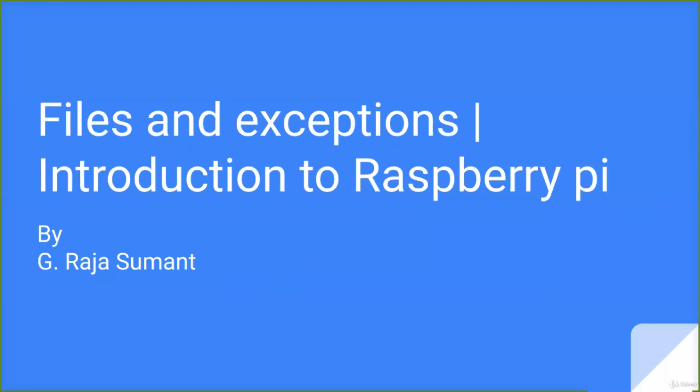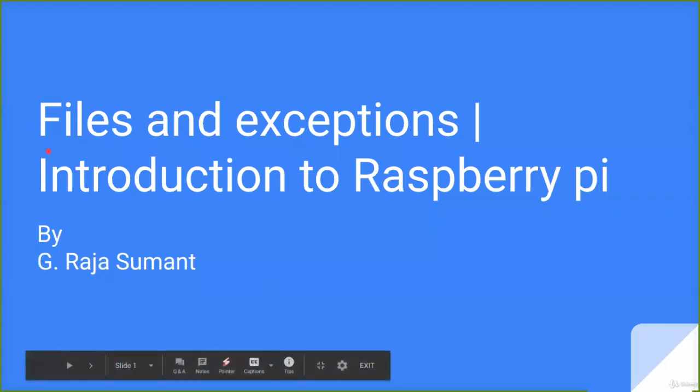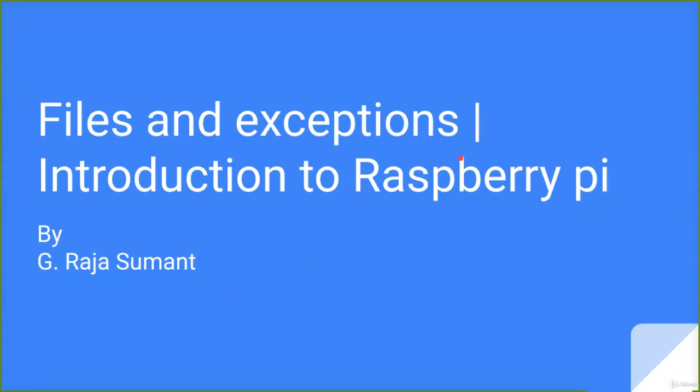So for the first half an hour, we'll be discussing files and exceptions and how you handle exceptions with Python. In the second half of the class, I'll be introducing you to Raspberry Pi. And from the next class onwards, we'll be implementing projects upon Raspberry Pi.